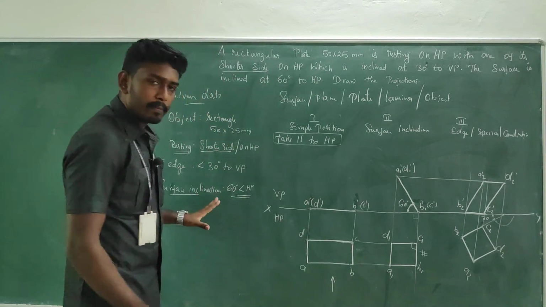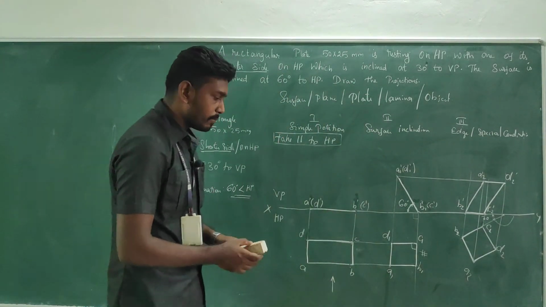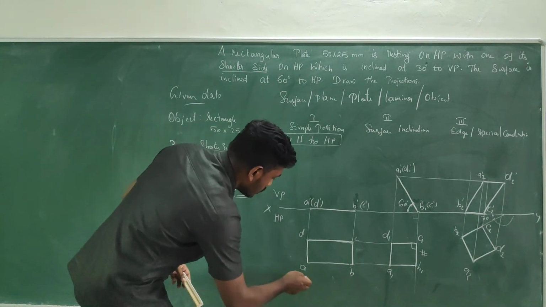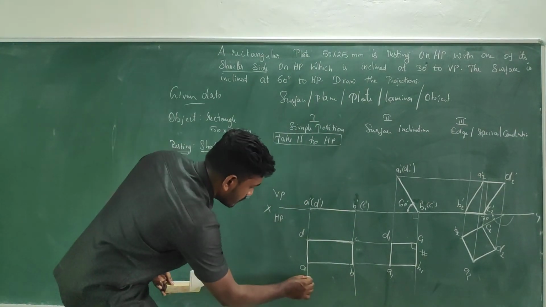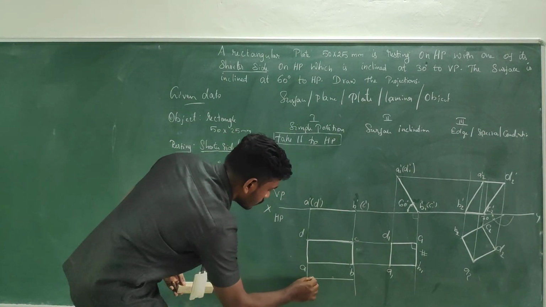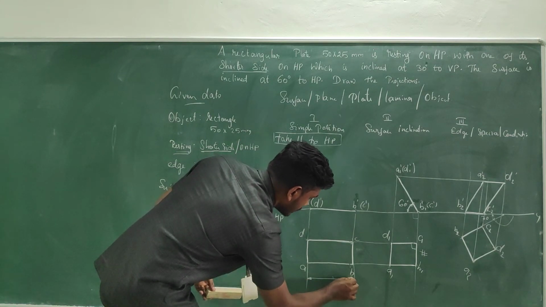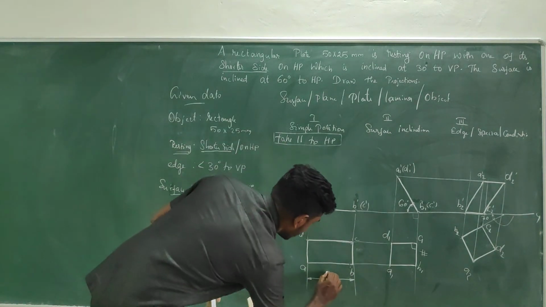For this condition, at last you have to capture all the dimensions. Here since it is a rectangle, length and breadth will be there. So for that you have to take the 90 degree line from the corners, something like this. The longer edge measurement is 50, so write 50 right above the line.